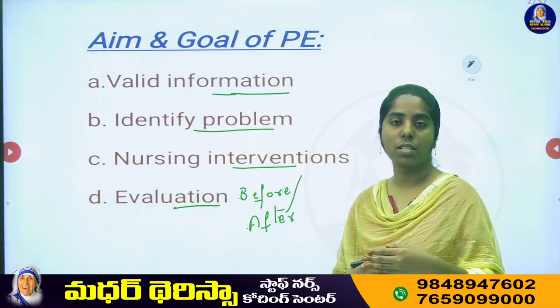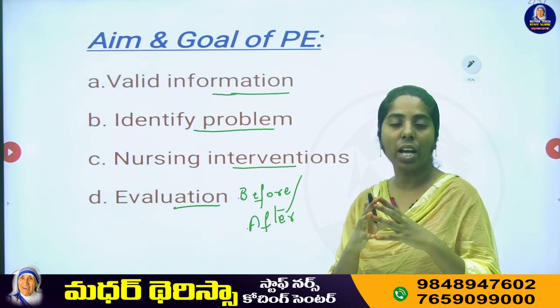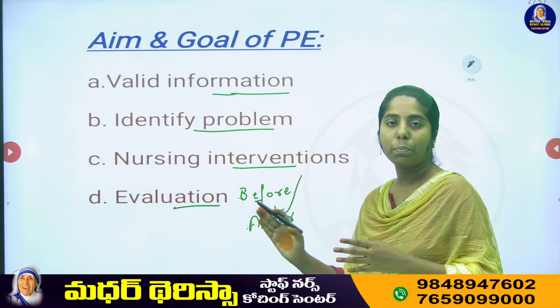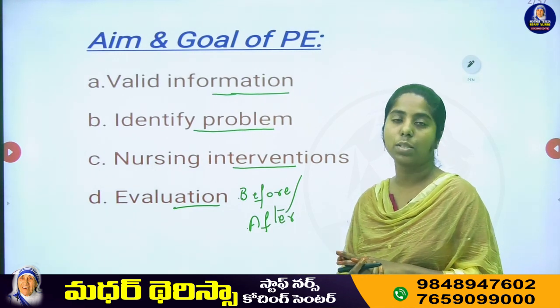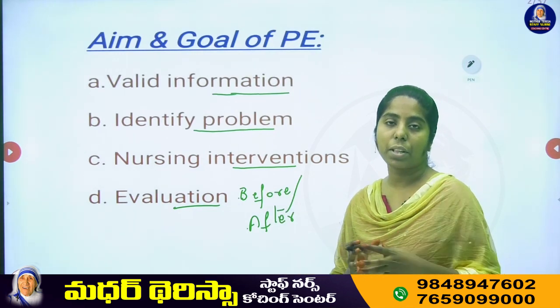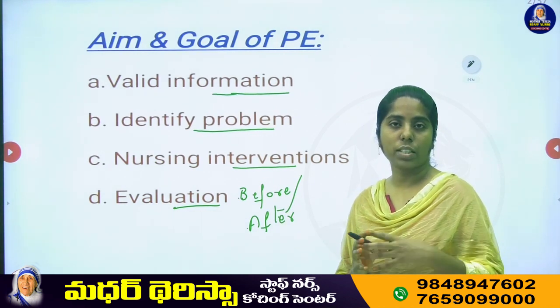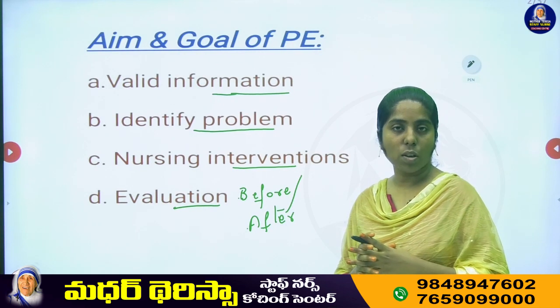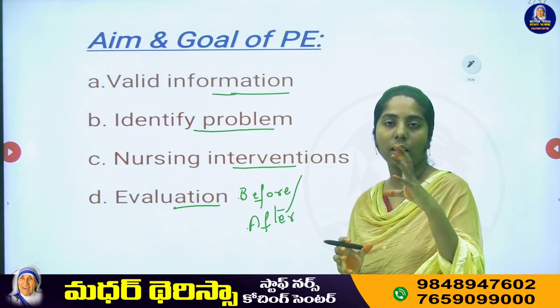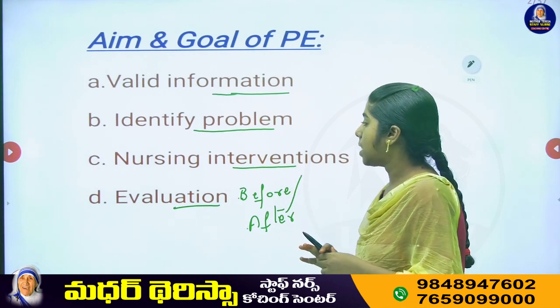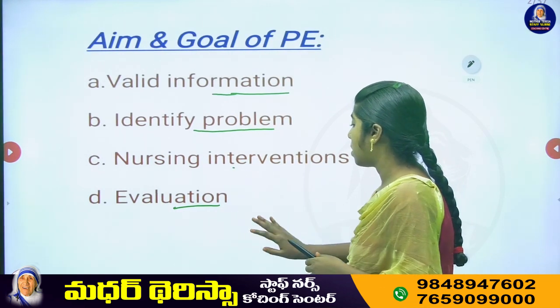The nursing care plan which you have given is not up to the mark. So the evaluation part is also necessary: whether your care plan has worked out or not, whether there is a better outcome or not, whether the disease has subsided or not. These are all major important ones. Those are nothing but certain aims and goals, right?